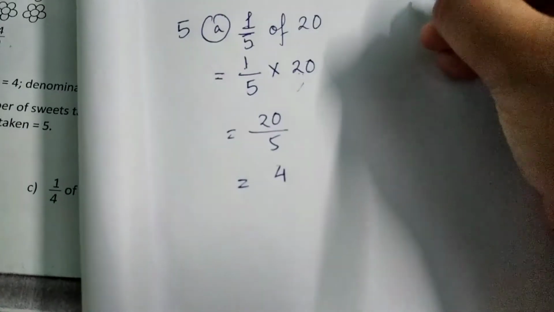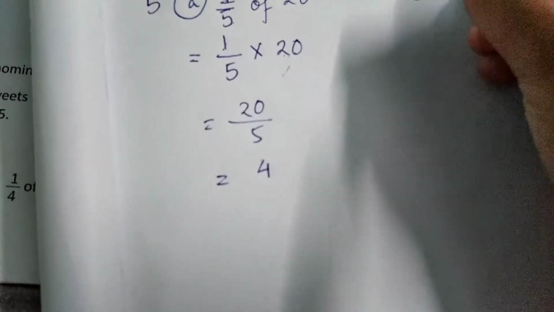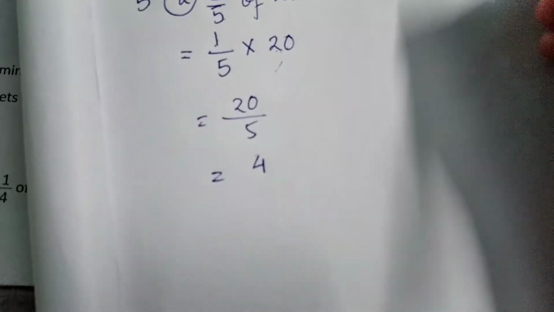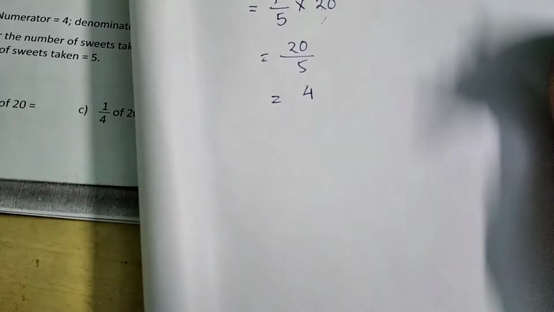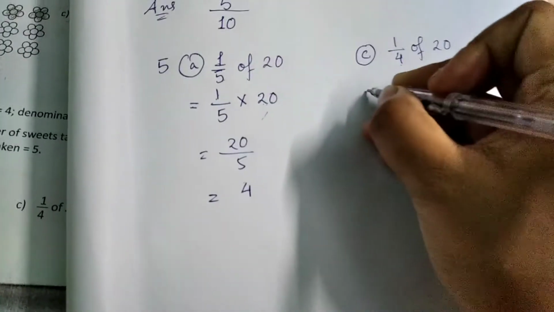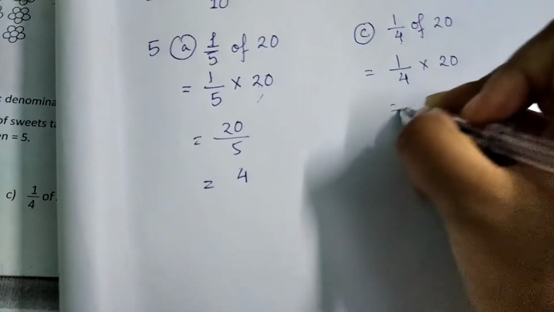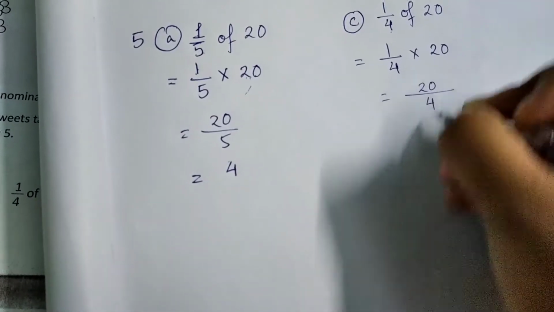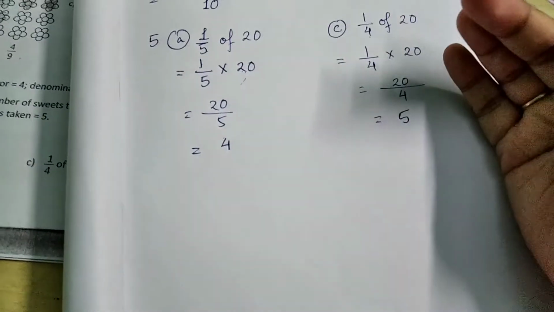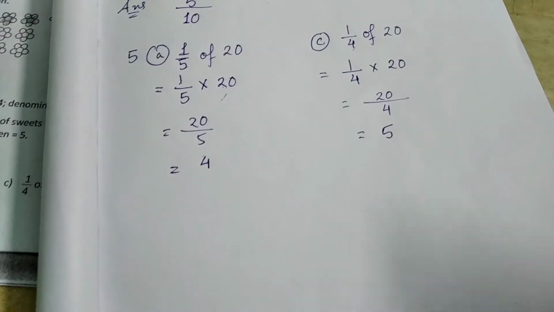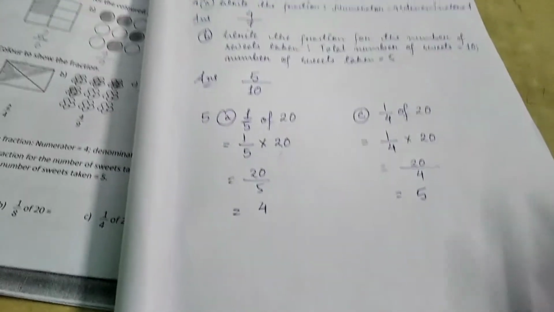I am doing one more question, question c, and they have given 1 by 4 of 20. Similarly you can tell me 4 into what is 20? I think 5. You know the answer, but I will do it in this process. 1 by 4 into 20, so 20 by 4 is equal to how much? You will get 5. Understood? The main thing is that you need to know multiplication and division very nicely, then only you will be able to do this type.